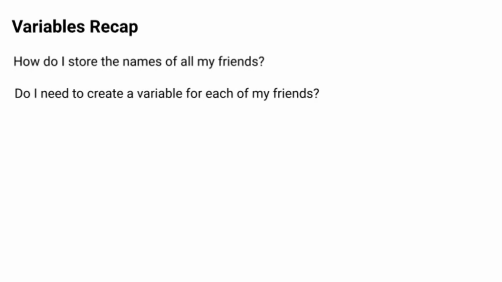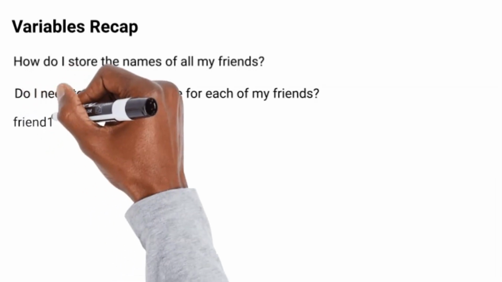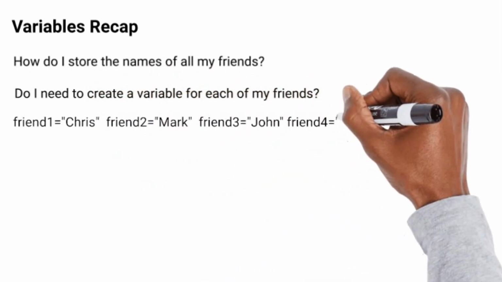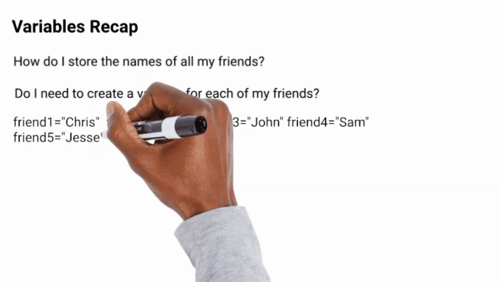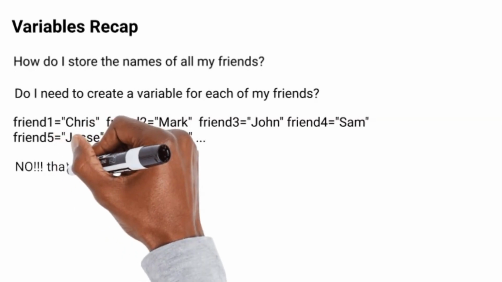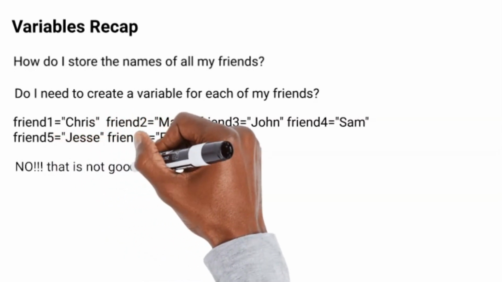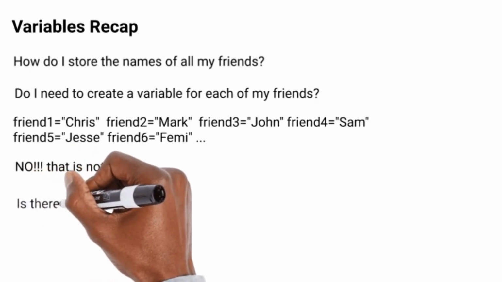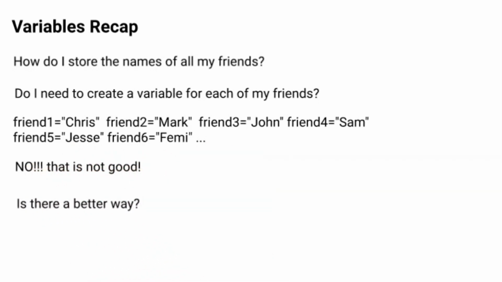You're going to say friend one is equal to this, friend two, and so on. If you have 10 friends, you're going to create 10 variables. That's not really good, because that's repeating things. There's a better way to do that, and that's what I'm going to show you.